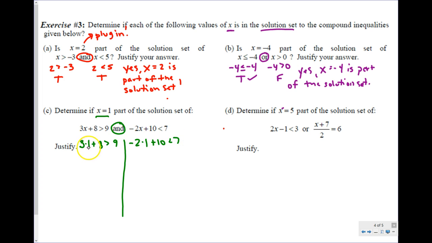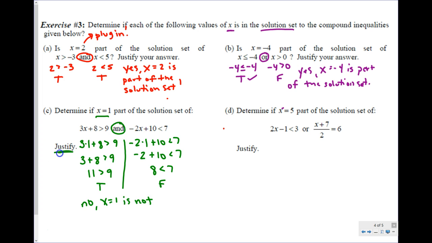Now I'm going to do PEMDAS. 3 times 1 is 3, plus 8 is 11. Is 11 greater than 9? Yes, so that inequality is true when I plug in the number 1. On the right side, negative 2 times 1 is negative 2, plus 10 is 8. Is 8 less than 7? No, it's false. So is 1 part of the solution set of my and inequality? No. x equals 1 is not.